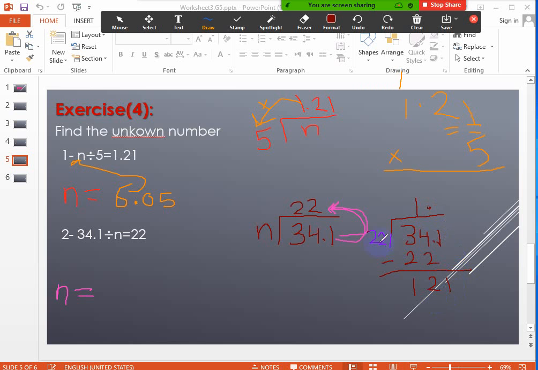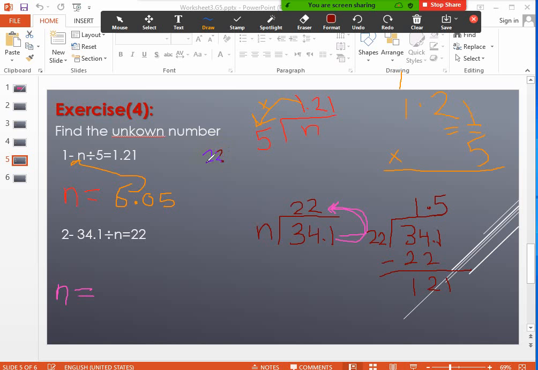Now, which number, if I multiply it by 2, will give me a 1 in the ones? Or if I want to divide 121 by 22, it will be between 4 and 5. Let's try 5.